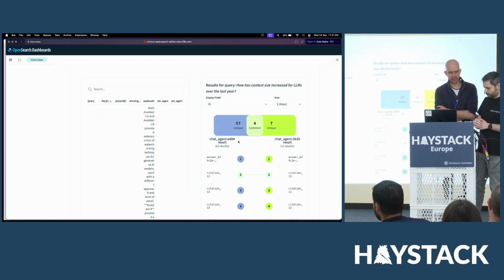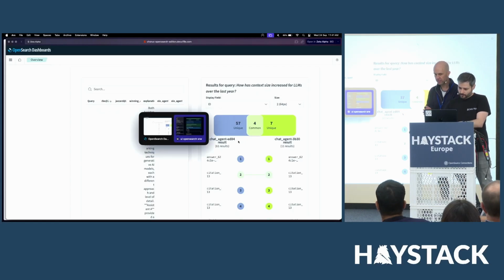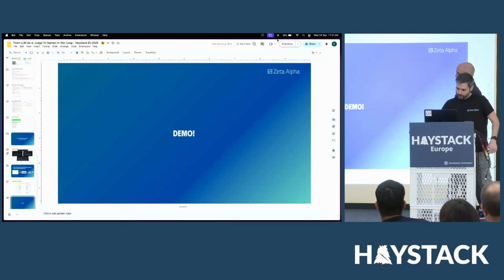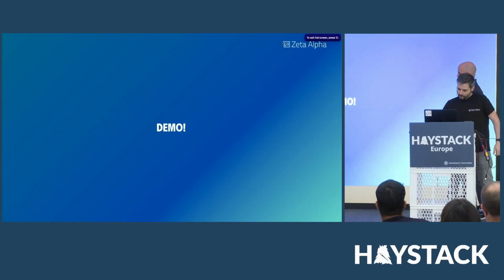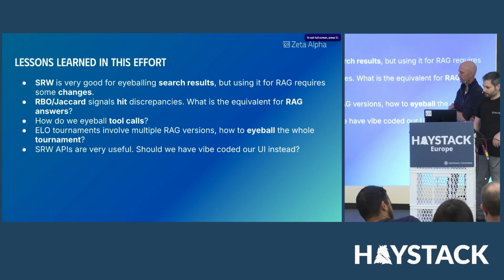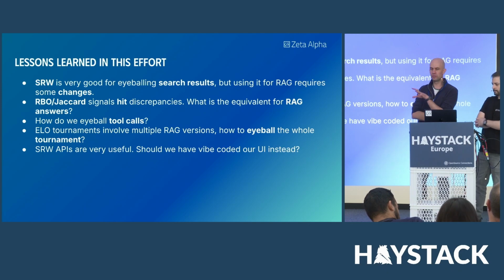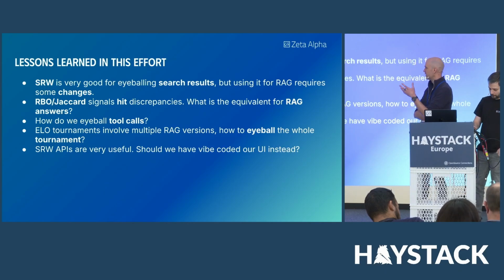I think with that we can go to the concluding slide, right? So there definitely were a lot of lessons that we learned. And one is RAG isn't really the use case the Search Relevance Workbench was built for. So we would really have to implement some changes that make it really worthwhile.